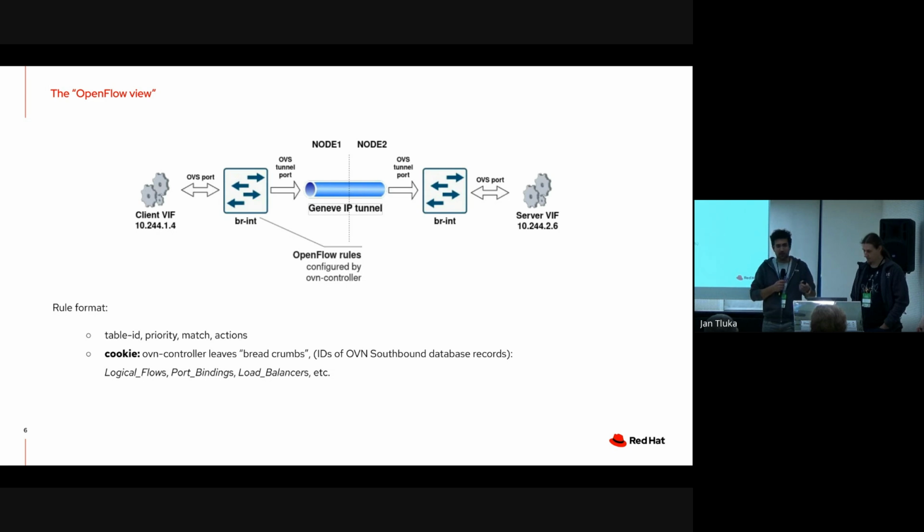And on the bridges this time, we have OpenFlow rules. These are similar to the data path flow rules. They have priorities, matches, actions, but most importantly, they have a cookie, which ovn-controller uses to embed hints that will point us back to the source.